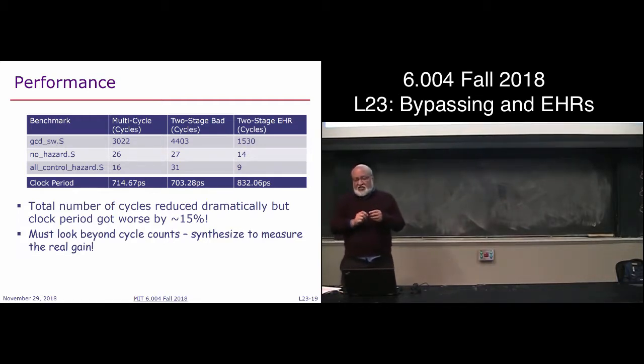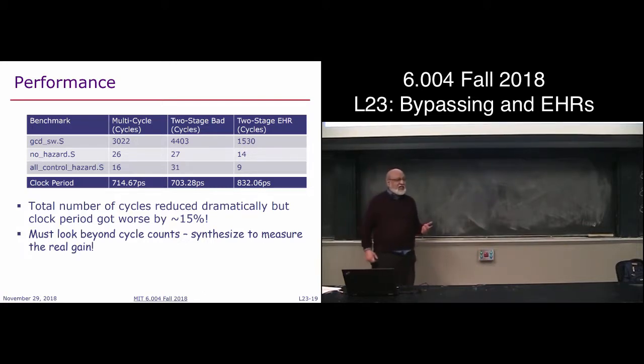But because there is some extra bypassing going on here, indeed the critical path became longer, and that is reflected in this bottom row, where the clock period suddenly went up by more than 120 picoseconds. No free lunch, right? And so you have to look at the multiplication of the two things.